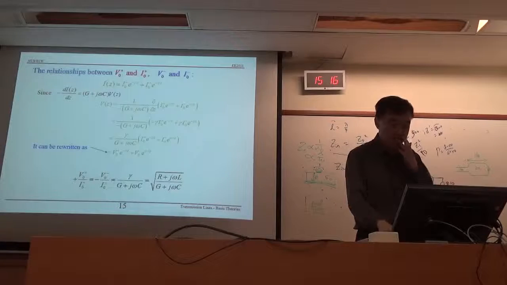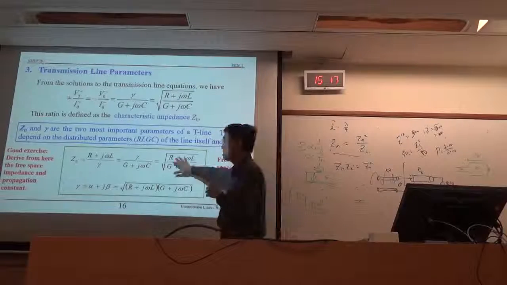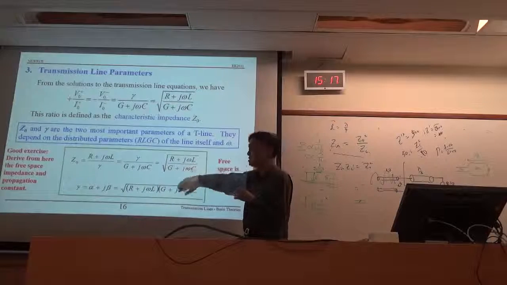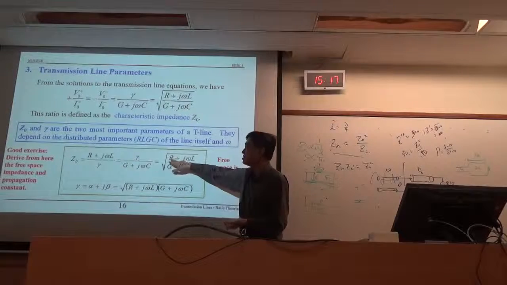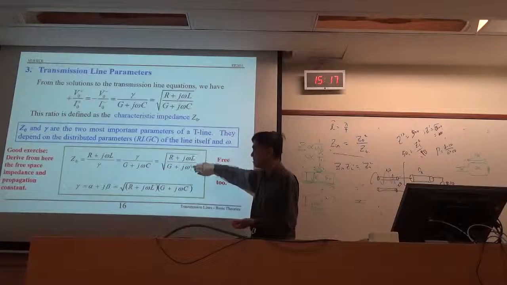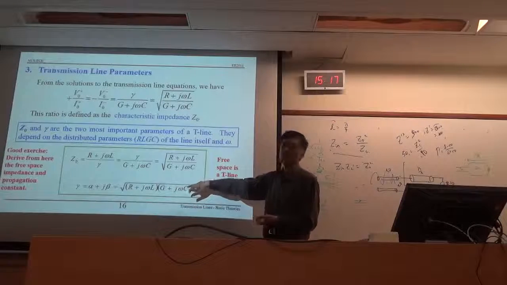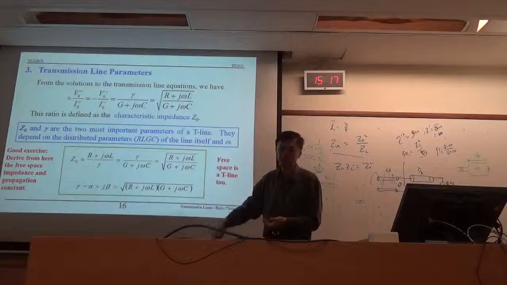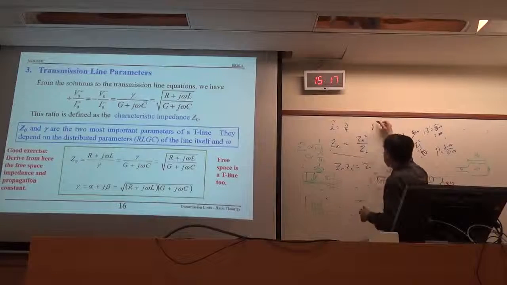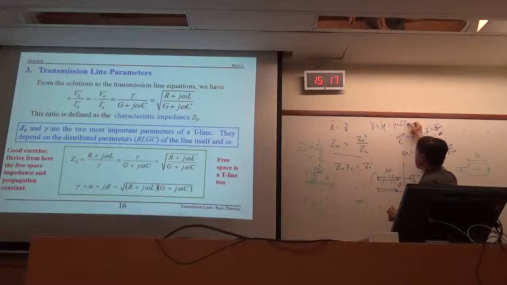Now, when you deal with lossless issues, the full formula of Z0 is like this; for lossless, R will be equal to 0, G will be equal to 0. Therefore, Z0 is equal to square root of L over C, and gamma is equal to j beta equal to j omega square root of LC.